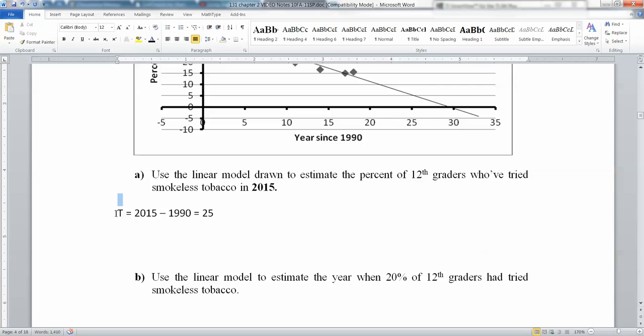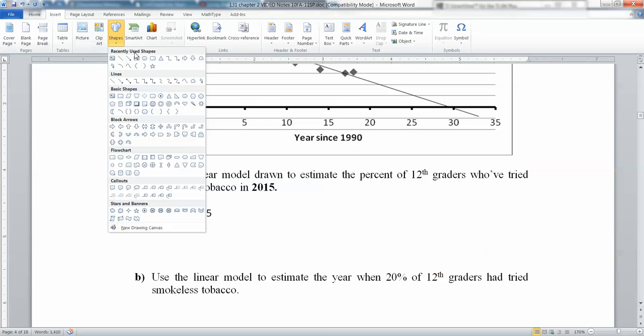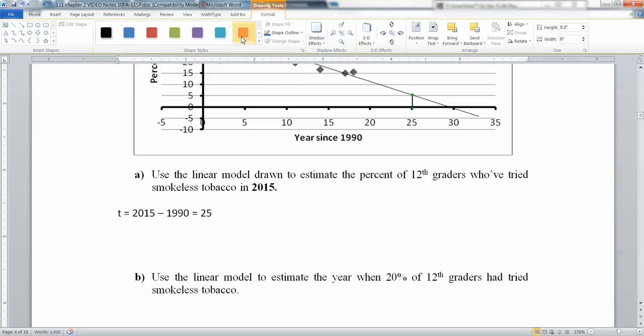Right? So you take your graph and I'm going to insert a line here so you can see it. Okay, here's 25 right here. I'm going to go up like that. I'm going to make it orange. There we go. Okay, so there's 25.